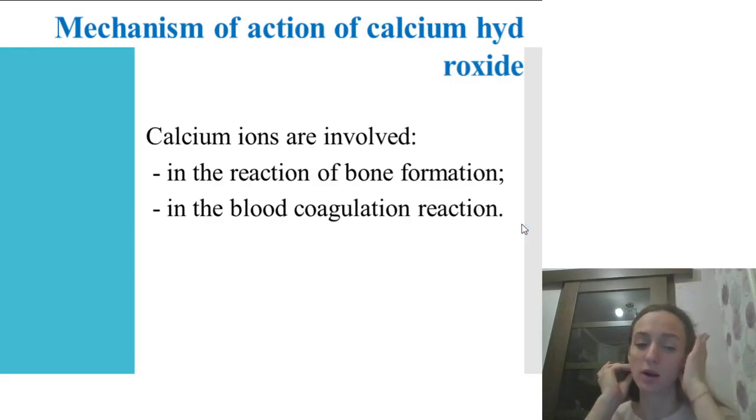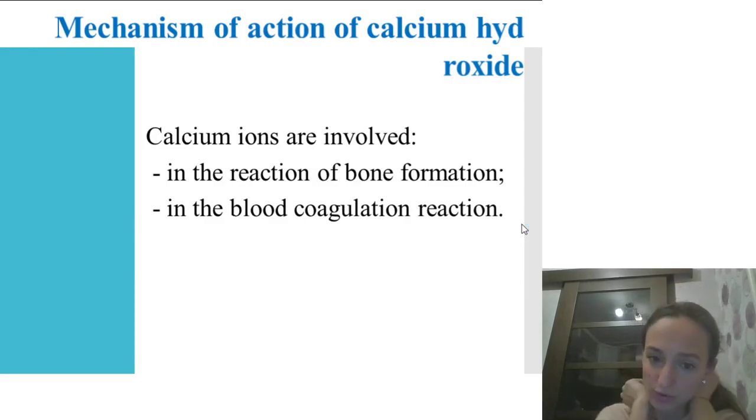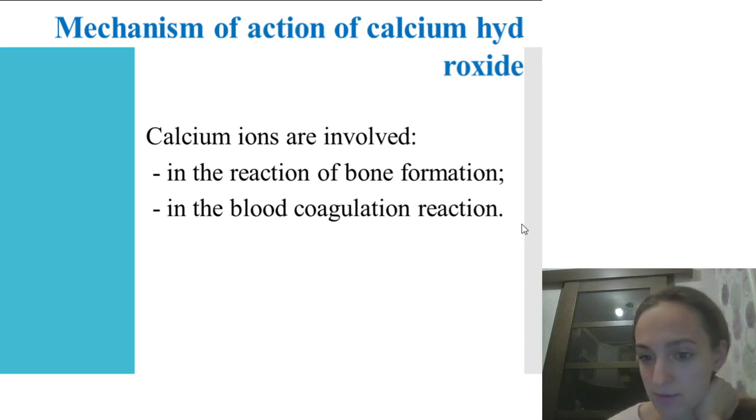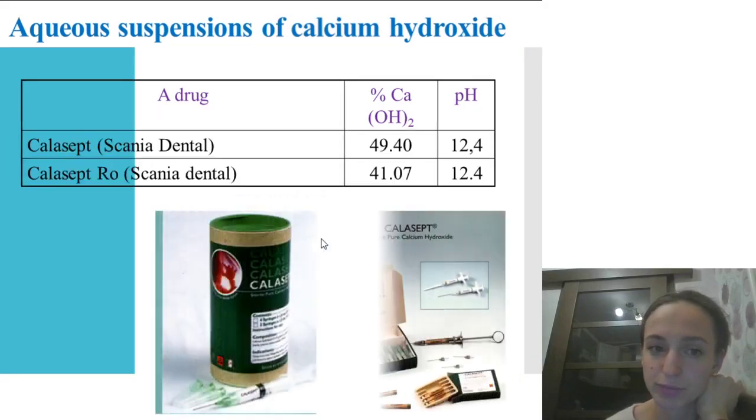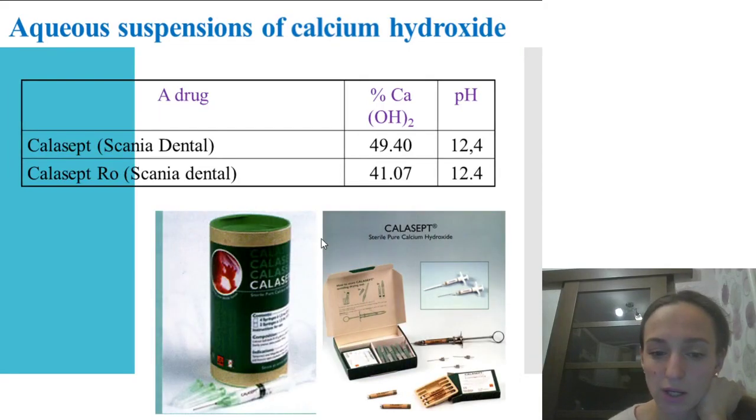Calcium ions are involved in the reaction of bone formation and in the blood coagulation reactions. Aqueous suspension of calcium hydroxide. Look please how it looks. It is the medication Calcicept and Calcicept Rapid. And the pH of this material.